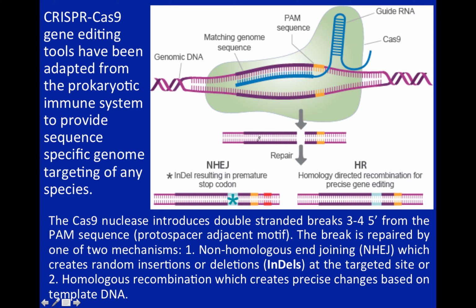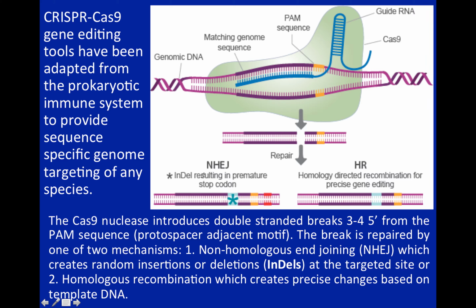If you allow non-homologous end joining to occur, indel mutations result in the introduction of random numbers of nucleotides, that's the insertion, or deletion of random numbers of nucleotides. If you do that to your targeted DNA, you're going to end up with a frame shift mutation.